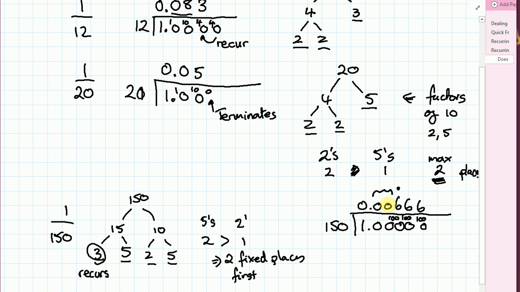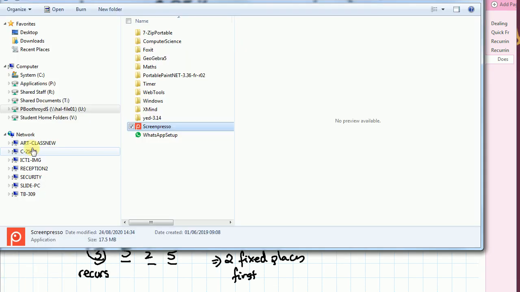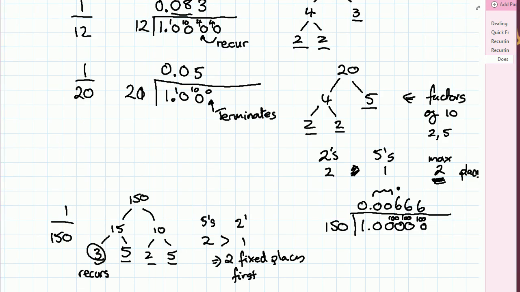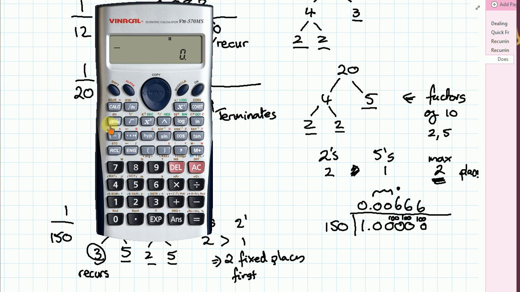Okay, just pull in the calculator and show you. 1 fraction 150. There's the fraction. Press the fraction button to turn it into a decimal. Oh, and mine's in a funny mode, so let's make sure my mode is regular.